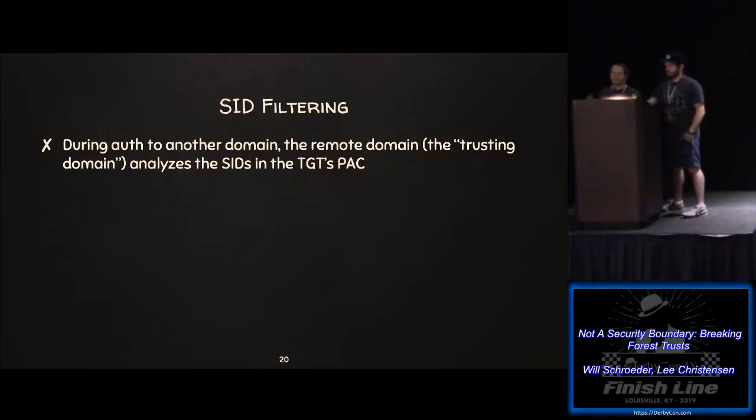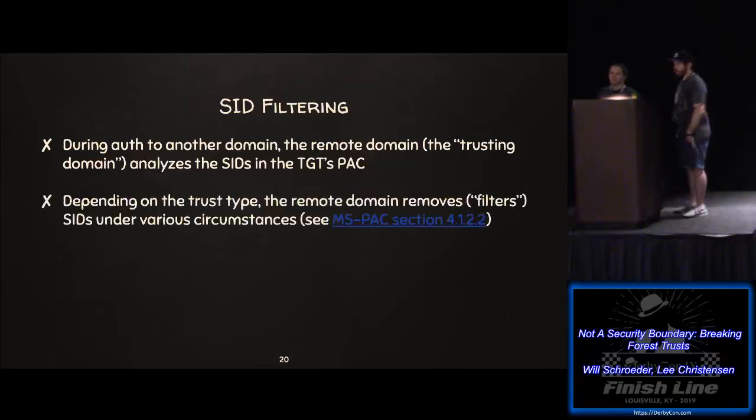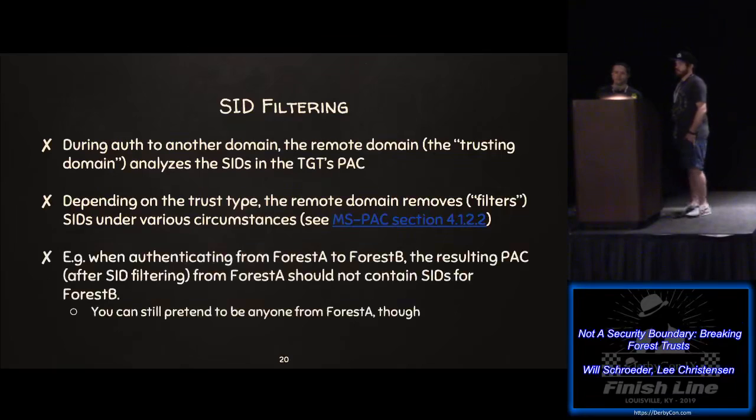Essentially, when we try and authenticate to another domain, the other domain looks at the SIDs inside of our PAC and will potentially remove some of those SIDs before granting us access into the domain. Which SIDs get removed depends on the type of trust that's created. So inside of a domain, the SIDs are filtered differently than if there's a forest trust. The type of filtering is going to change depending on the type of trust.